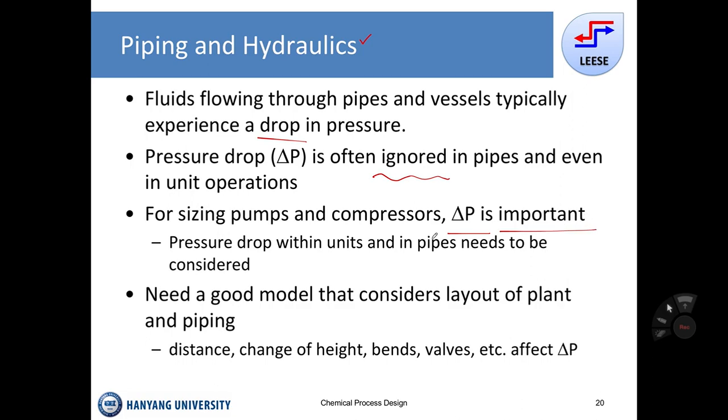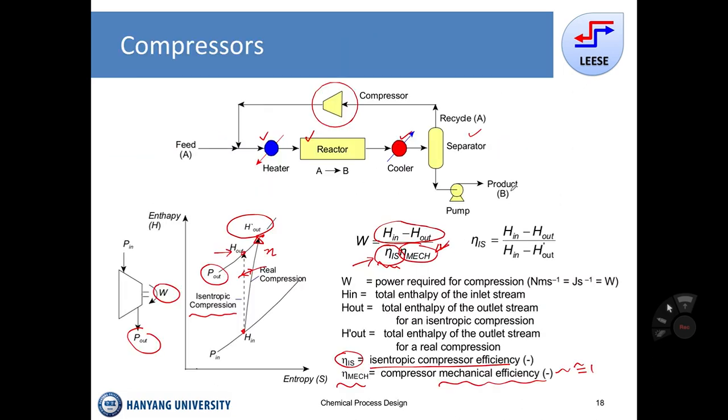So we need to check the power consumption and the power requirement by the pump. Then we need to check the size, which is related to the pressure increase here and the pressure increase here.